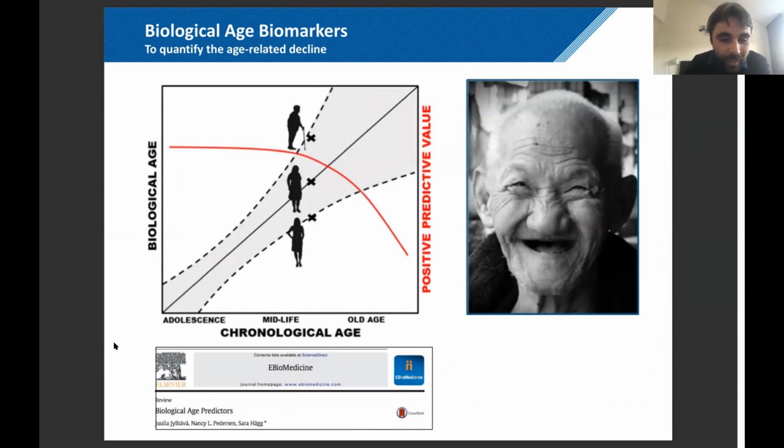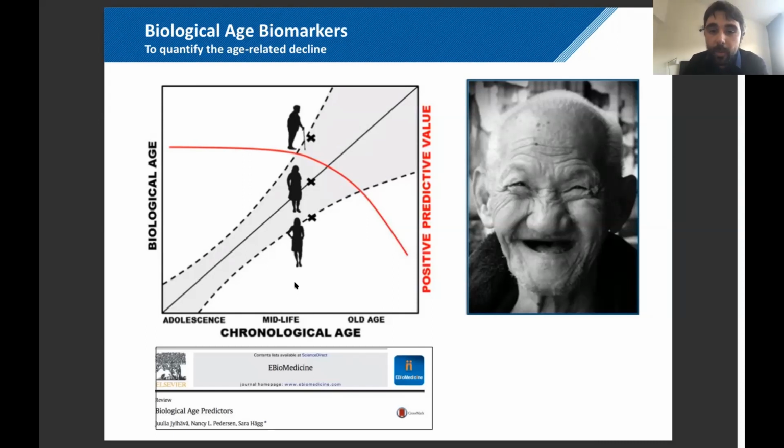To explain, this is a picture taken from a nice review. Here you have chronological age. People at a particular age can actually look very different in terms of how well they are doing. It seems that in some people, aging is happening more rapidly than in others, and we would like to find out if we can actually score this discrepancy.